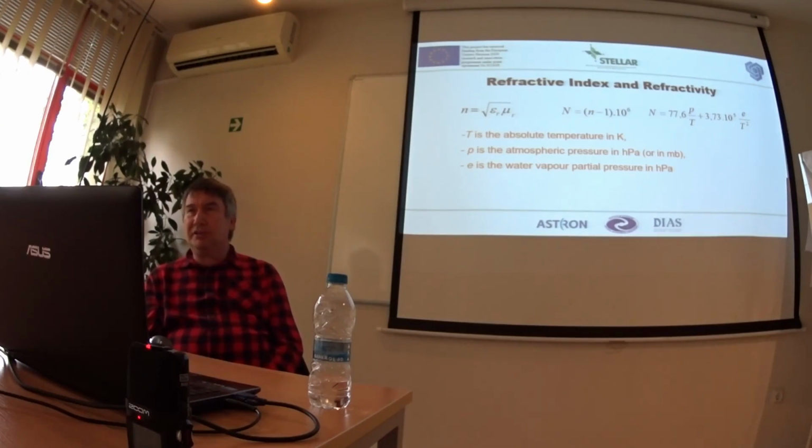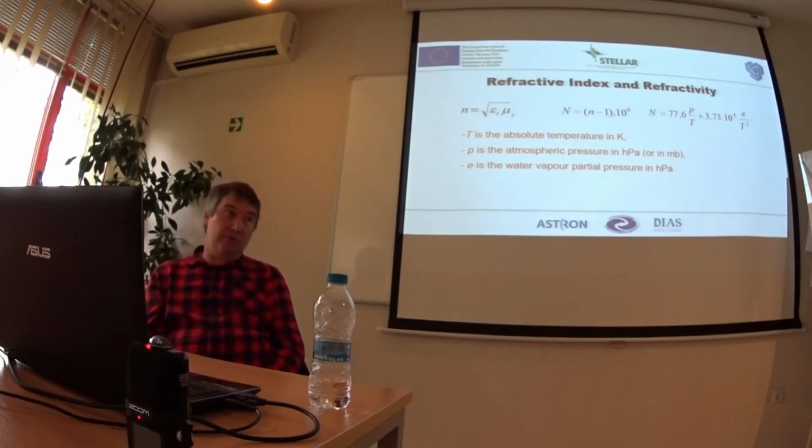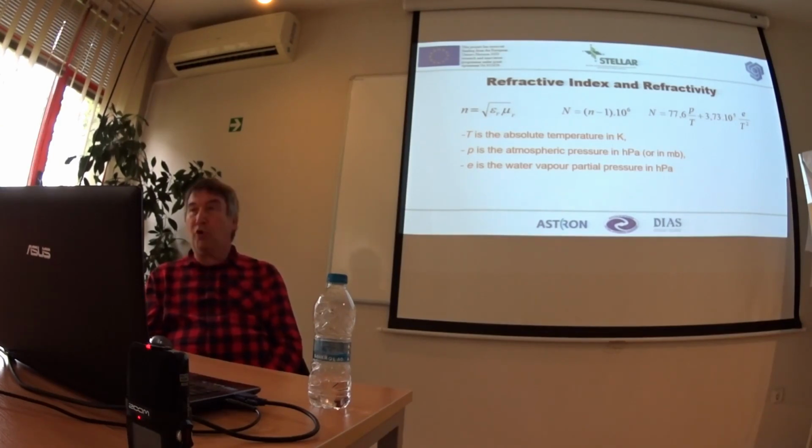Dielectric constant is almost 1, but it can vary in maybe the 4th, 5th digit after the decimal point, and these variations are very important for radio wave propagation.